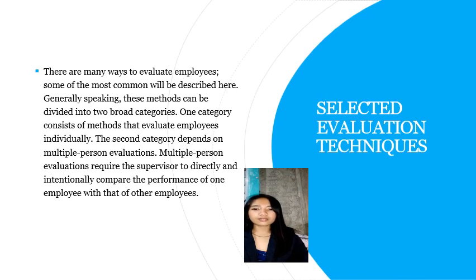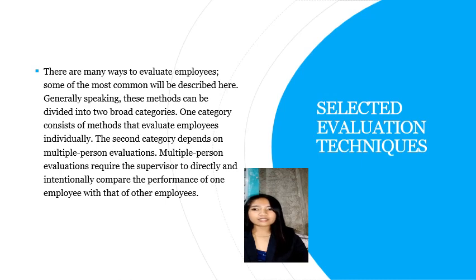Selected evaluation techniques. There are many ways to evaluate employees. Some of the most common will be described here. Generally speaking, these methods can be divided into two broad categories.